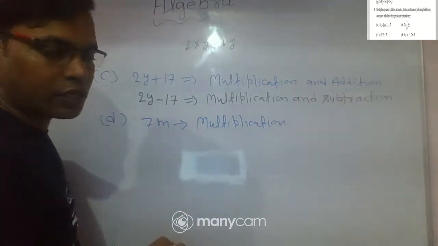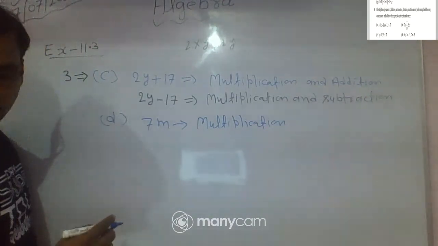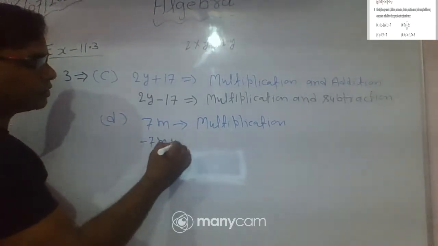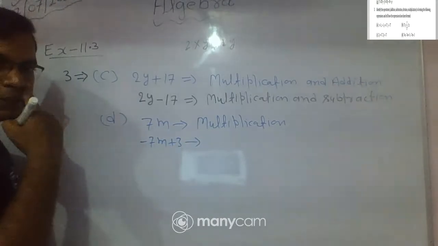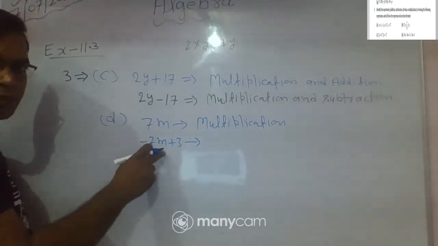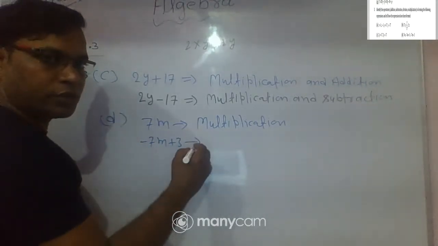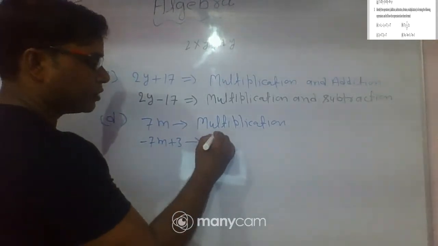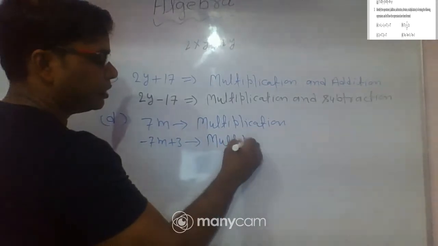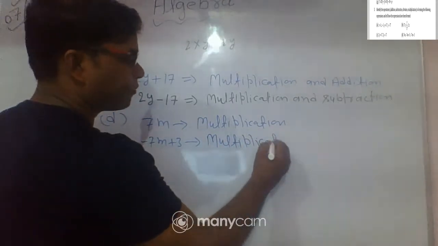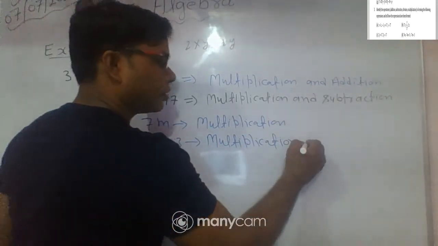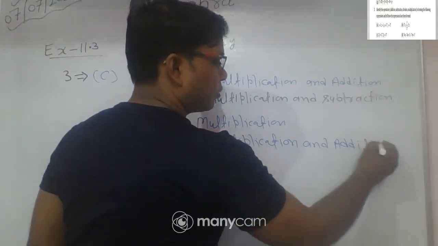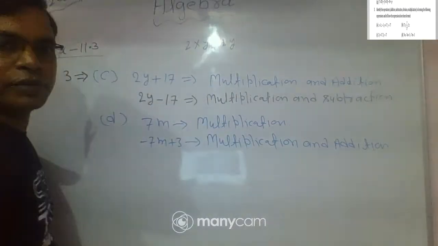Clear? And next, 7m plus 3. Here you can see first multiplication, after this addition. So the operations used are multiplication and addition. Multiplication and addition. Clear?